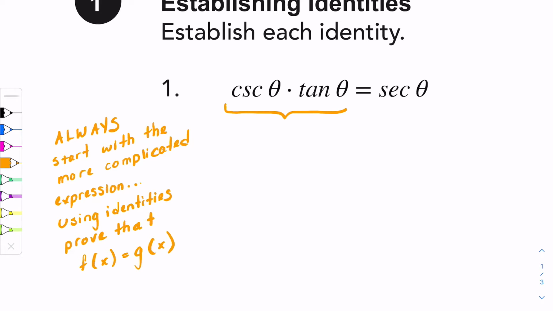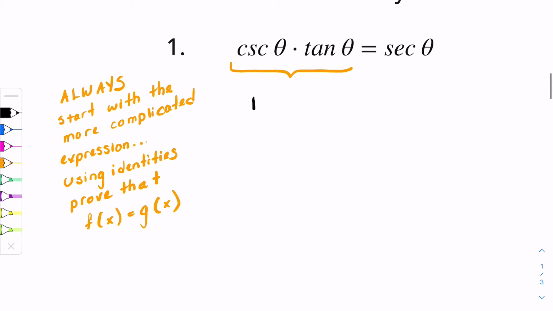Okay, so starting with cosecant of theta times tangent of theta, I'm going to change both of these identities to sine and cosine values if possible. So cosecant becomes 1 over sine of theta, and tangent becomes sine of theta divided by cosine of theta.